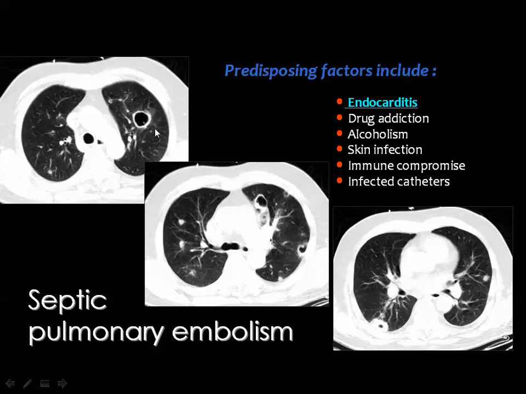They have a relatively thin wall, and they may contain air, or if they are large, they may show some air-fluid level, while the smaller emboli will appear as solid nodules.